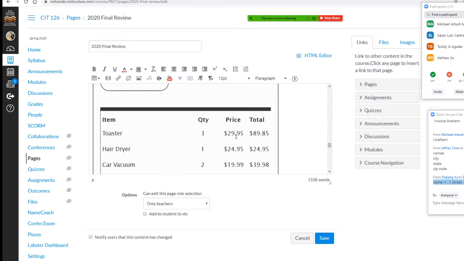What other people see is item toaster, quantity 3, price $29.95, total $89.85. What do you see? A product. I told you a product I saw has a name called description. It's called toaster. And the price is called $29.95. What do you see for these two? Because of that, what are the other private variables?